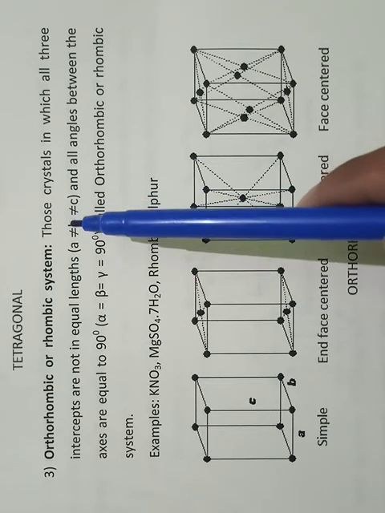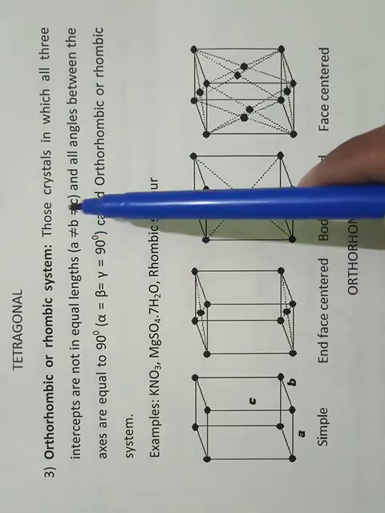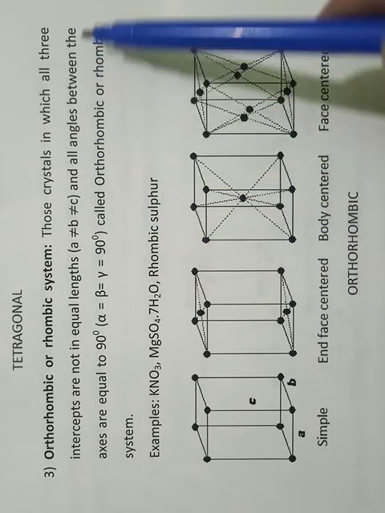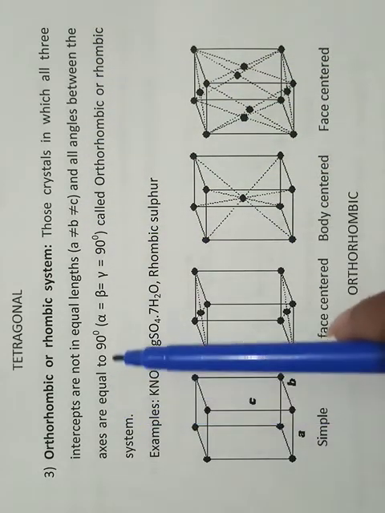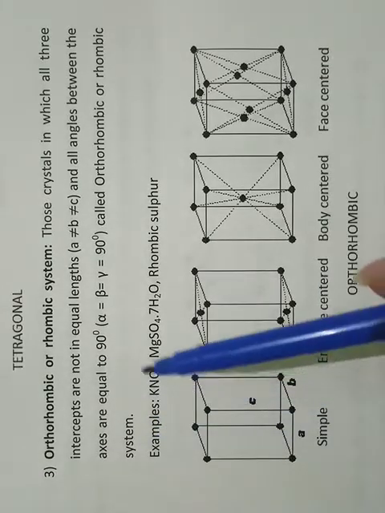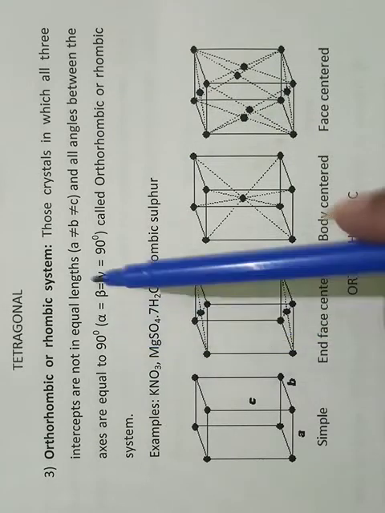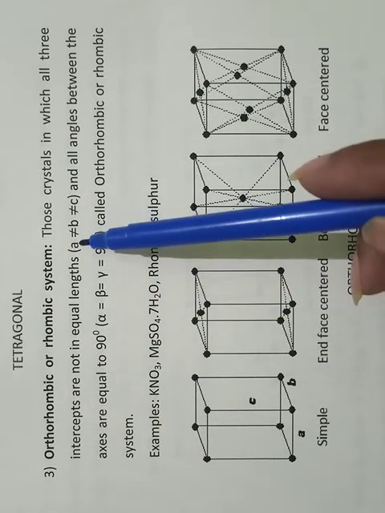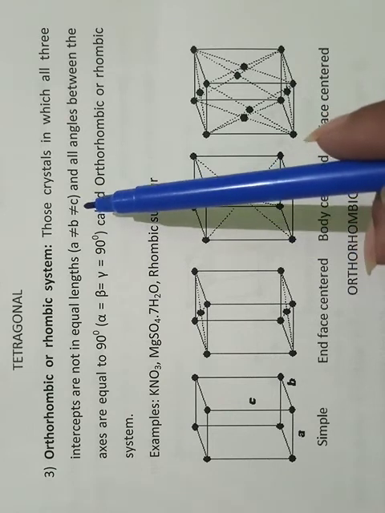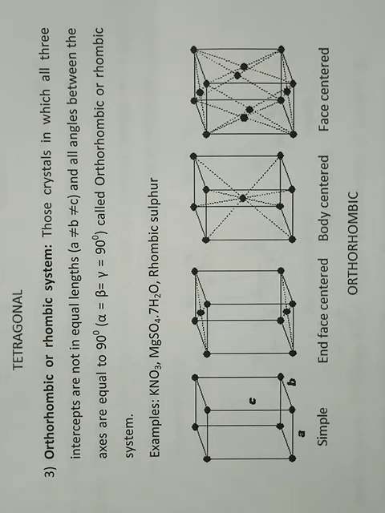But all the angles between the axes are equal to 90 degrees. Such systems are called orthorhombic or rhombic systems.